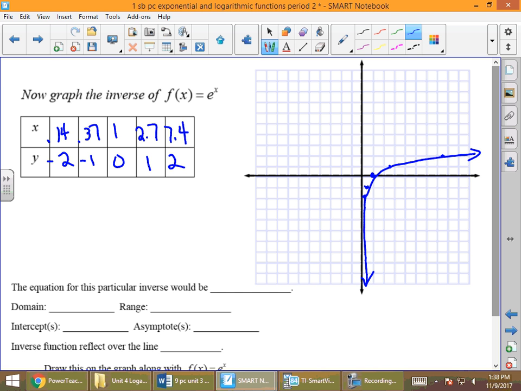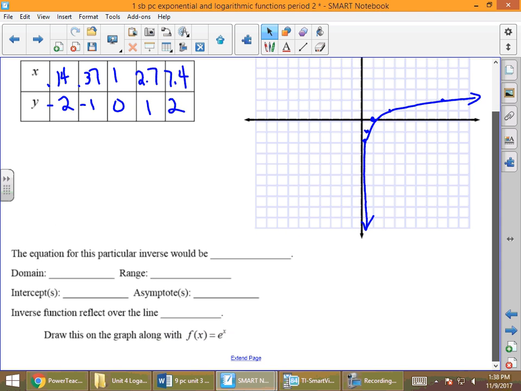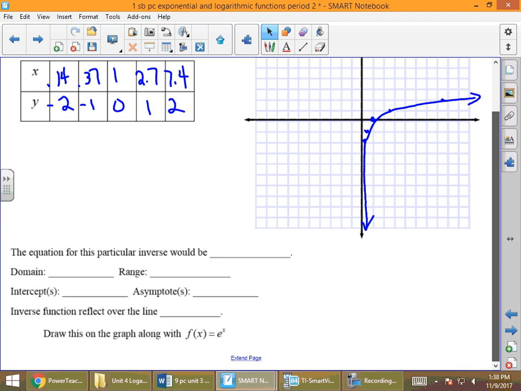The equation for this inverse, and it goes back to the base there, is actually y equals the natural log of x. One of our parent functions that we did earlier in the year.